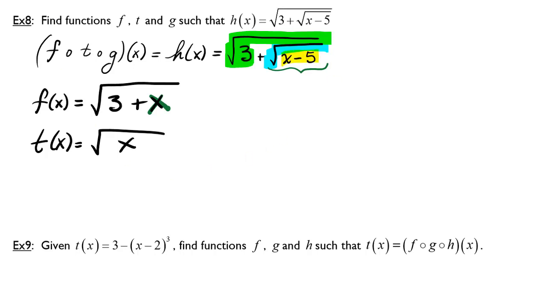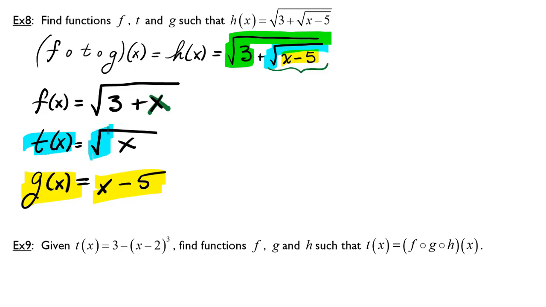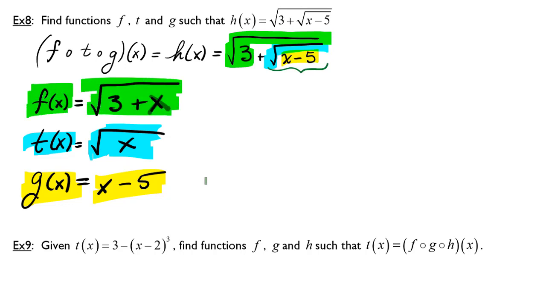That's inside the second square root. So that's going to be g of x. So g of x is my x minus 5. T of x is the square root of x. And f of x is the square root of 3 plus x.